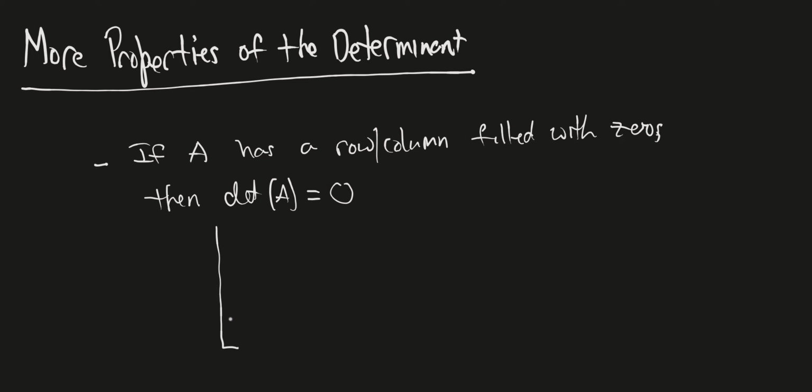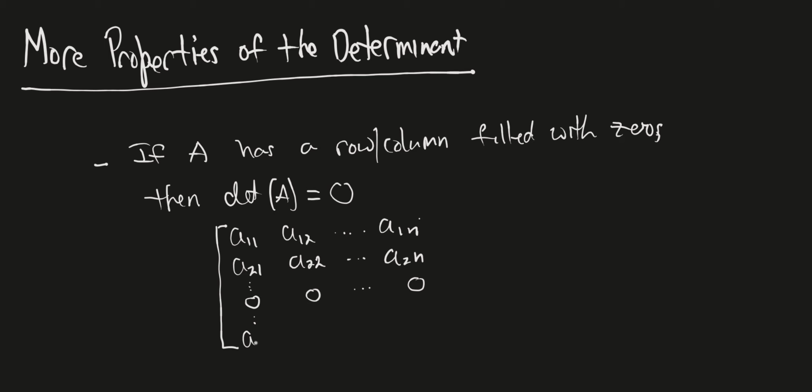Suppose I have an n by n matrix, and so I have my A11, A12, dot dot dot, A1n, and then A21, A22, dot dot, A2n, and then I have a row in the middle somewhere, fourth, fifth, sixth row, but let's say that row is filled with zeros, right?